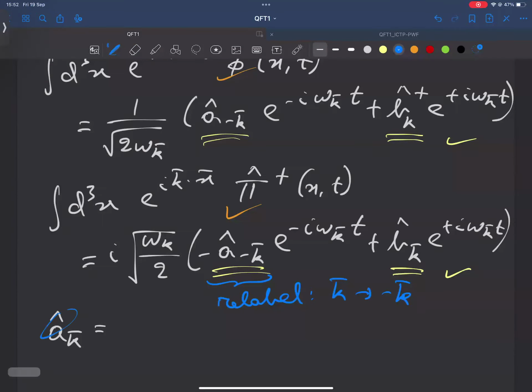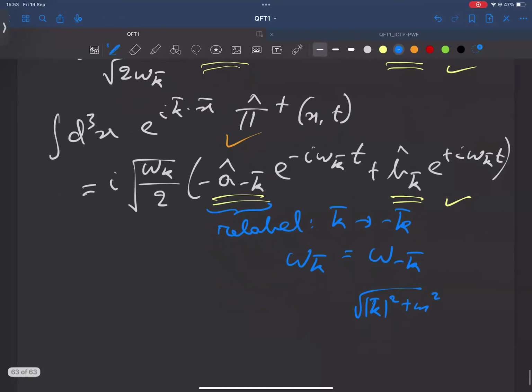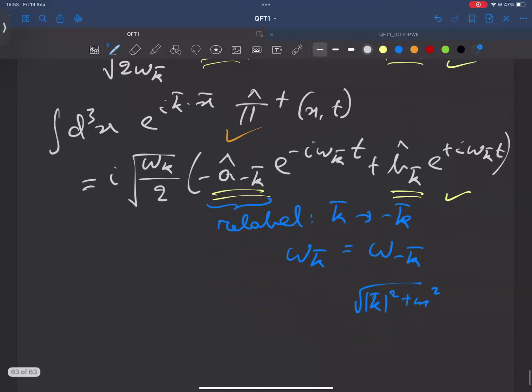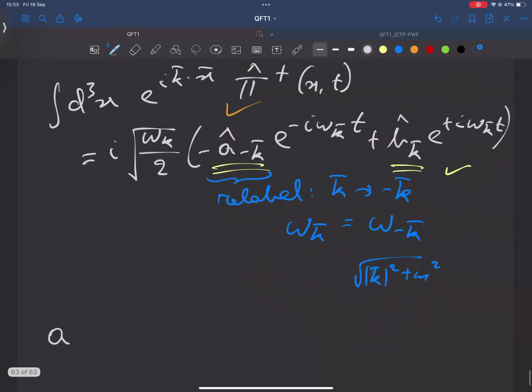Only one thing to note is that under this relabeling, the energy will still remain the same, because remember that it was mod k squared plus m squared. So k to minus k doesn't change this. With that in mind, if you now write down the ladder operators in terms of the operator-valued fields, you get this quantity.